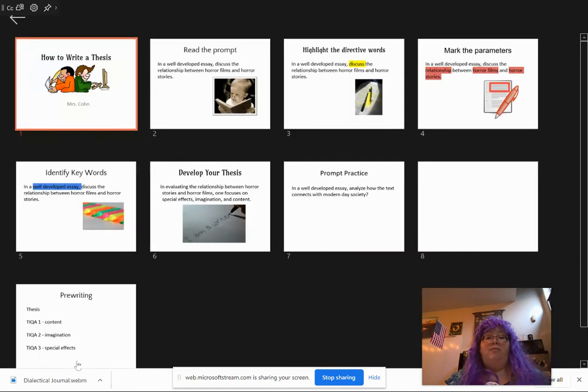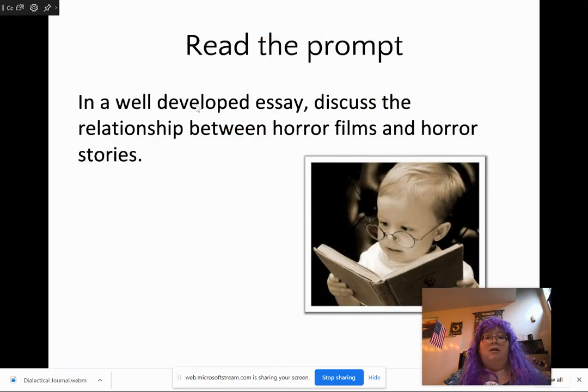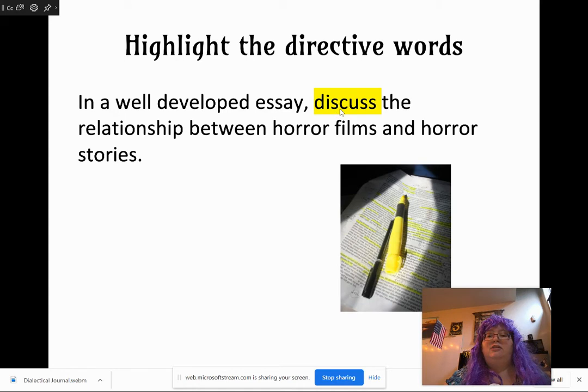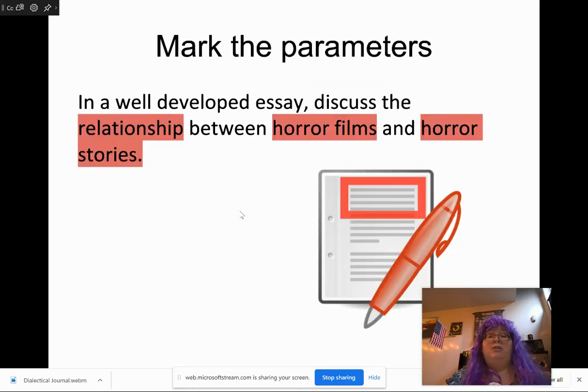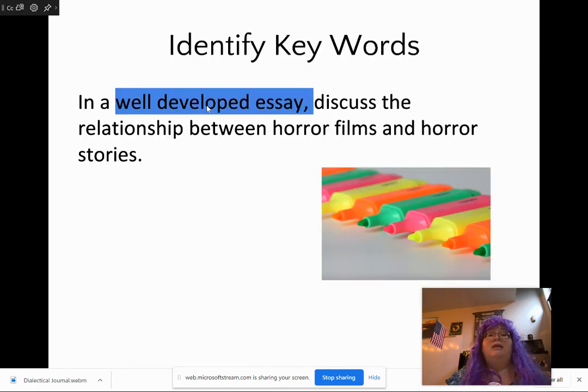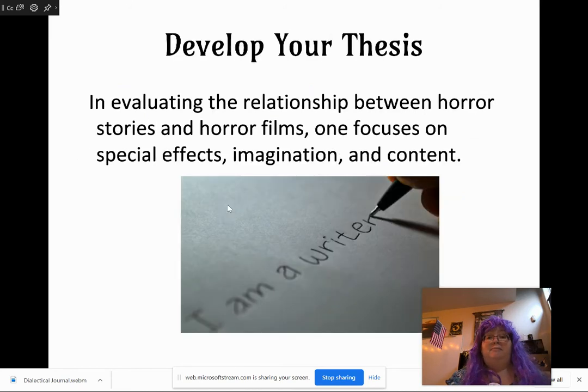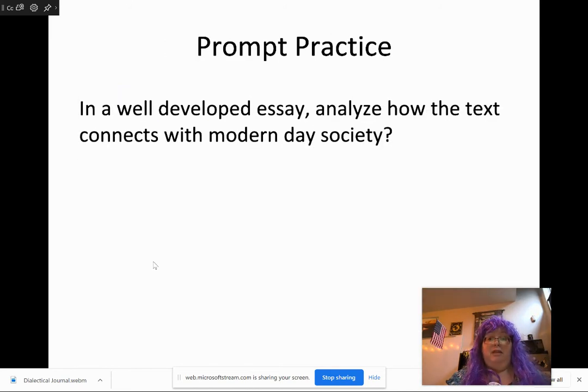So just to review, we read the prompt, we highlight the directive words, we're going to discuss, then we look for the parameters. We're going to discuss the relationship between horror films and horror stories in a well-developed essay. Okay, so that's how we would do it.